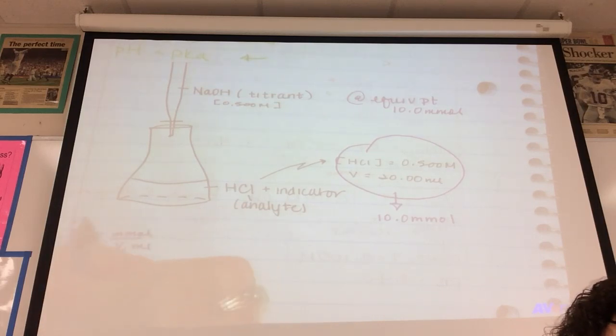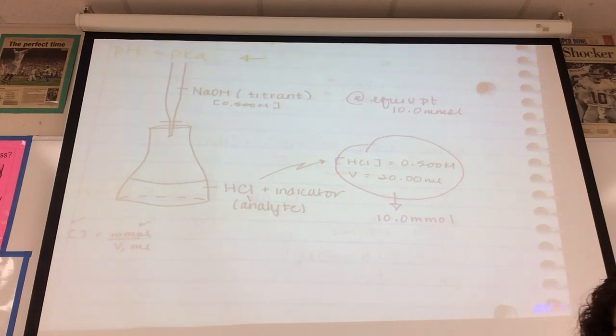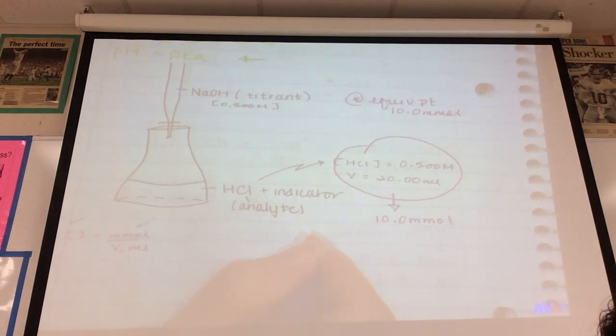So if you have the concentration and you have this, just interchange these two. Millimoles over concentration will give you the volume. So just a couple things I want you to see. And also the math here, half of 20 is 10. Keep it simple. Don't go 20 times 0.5. Move the decimal. Come on. Quick. You can do it.